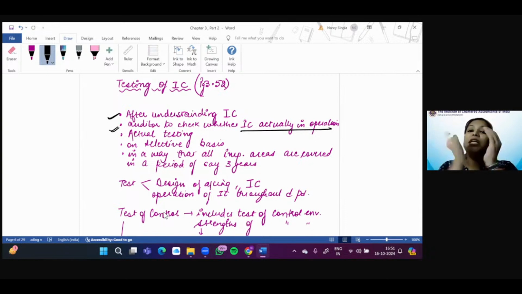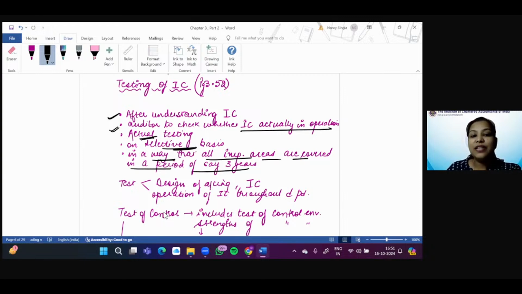Now, will the auditor check all the internal controls that have been implemented? Actual testing will be done on a selective basis and it may be done in a way that all important areas are covered in a period of, let's say, 3 years. Right? So after understanding the IC, how will he understand?